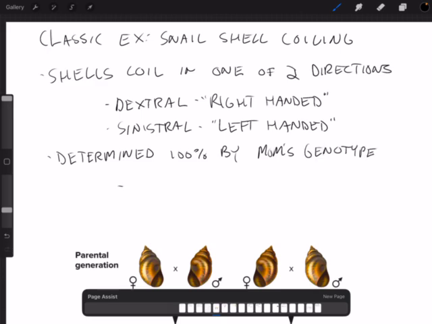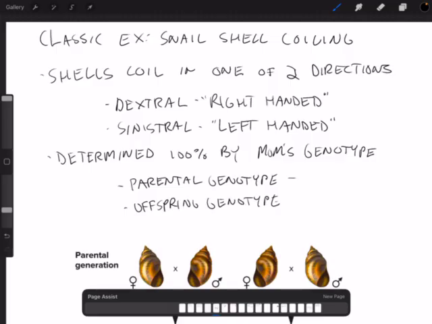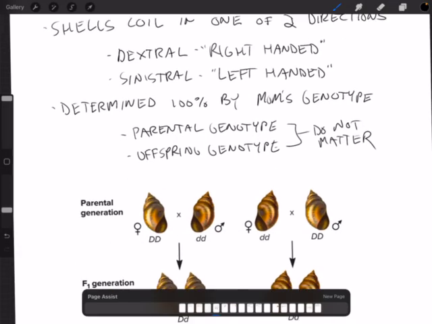All right, so the parental genotype or the offspring's own genotype, these do not matter for snail shell coiling. It only depends on the genotype of the mother.